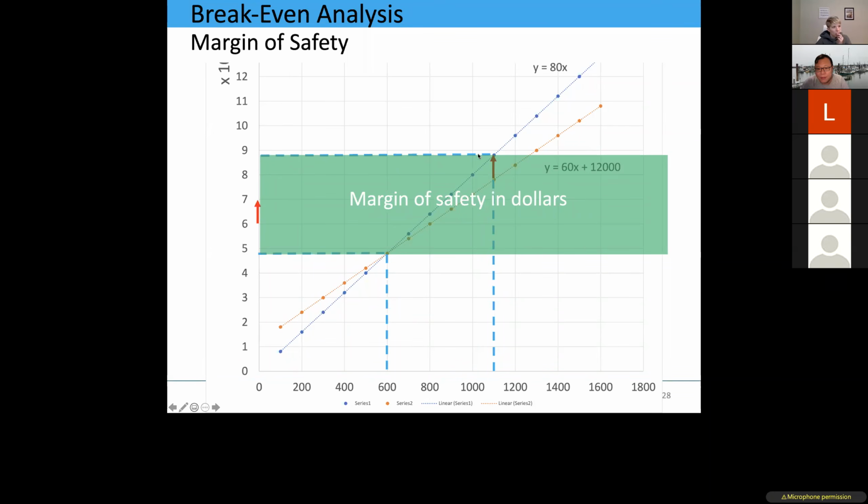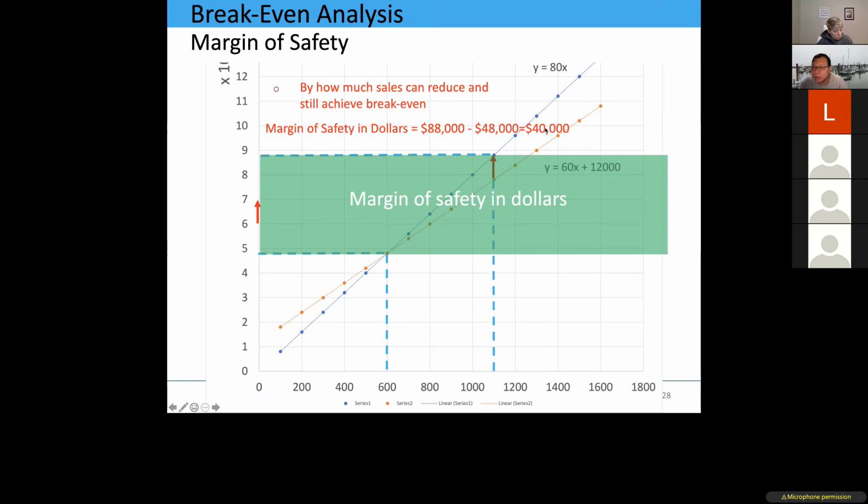Okay. So there is a difference. You use the 88,000, that's your actual sales, minus the break-even sales, 48,000. So the difference is 40,000. So this 40,000 is called the margin of safety. What this means is even if your sales is reduced by this number, 40,000, you still achieve break-even.